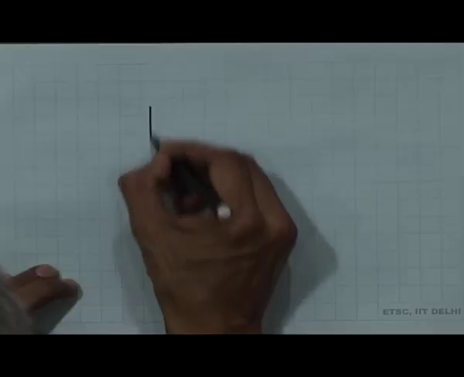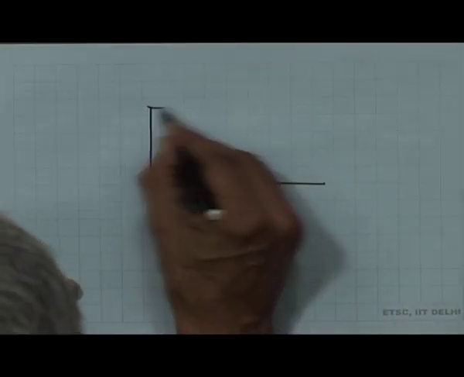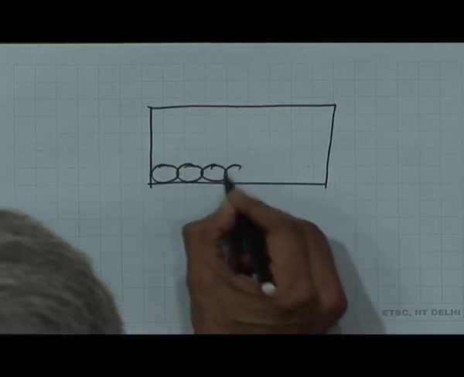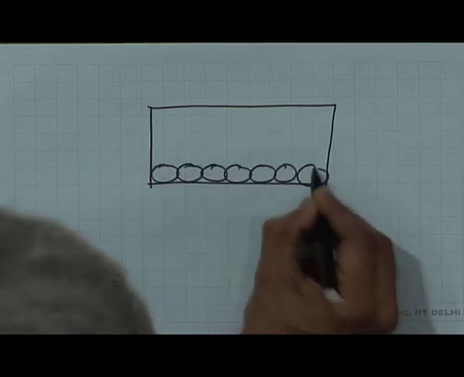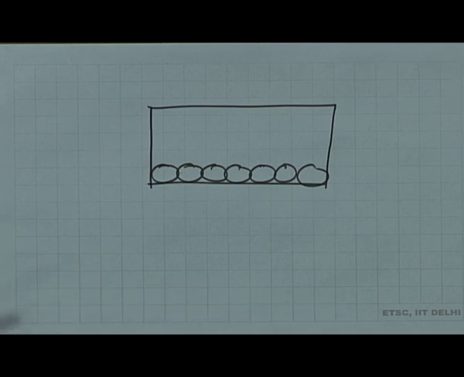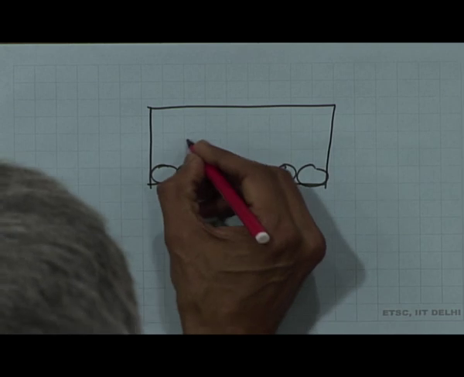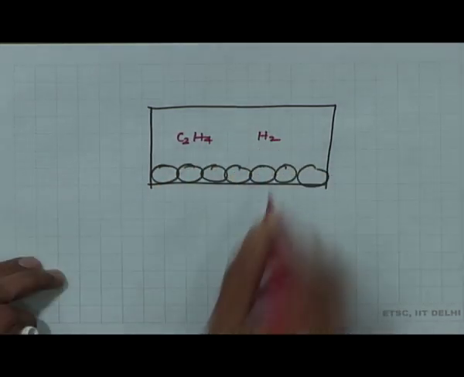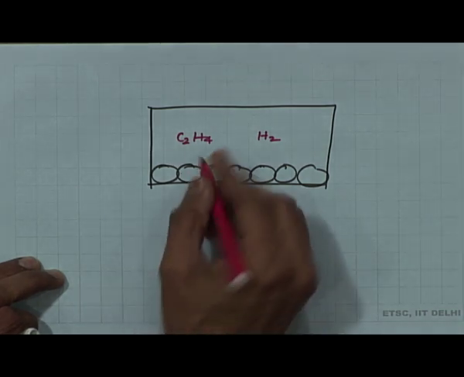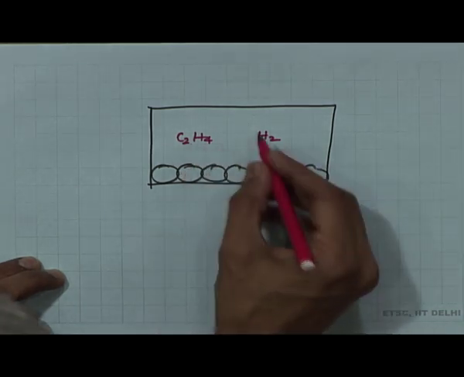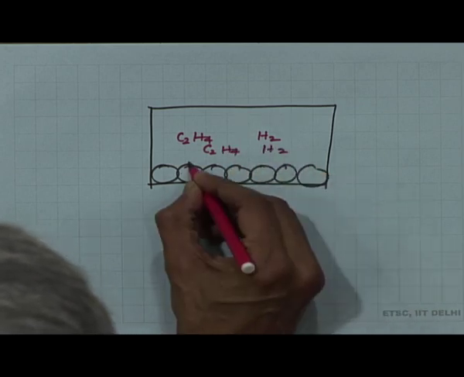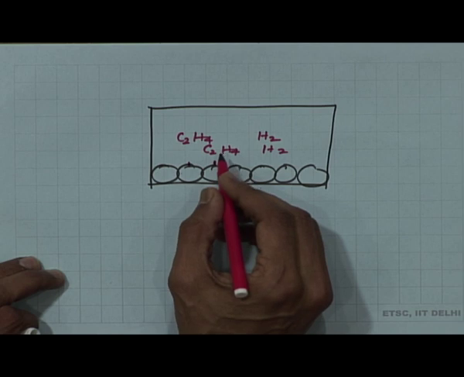Consider that we have a catalyst in some reaction vessel. So, that is my catalyst surface, and I have ethylene and I have hydrogen here. Now, on the catalyst surface, I have a binding of ethylene.